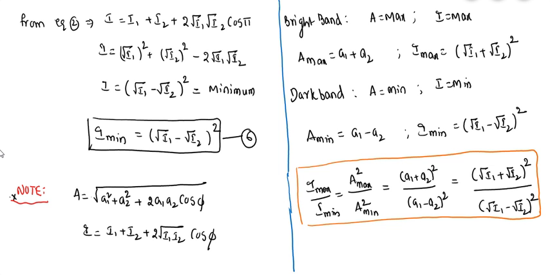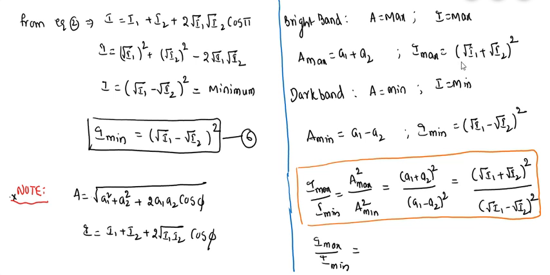This we can also write like this. I max by I min is equal to, in this equation you see A max we write as A1 plus A2, A min we wrote as A1 minus A2. So A1 plus A2 whole square by A1 minus A2 whole square.